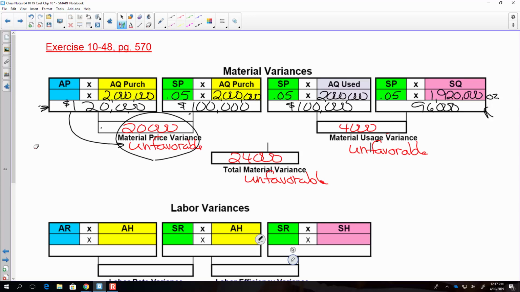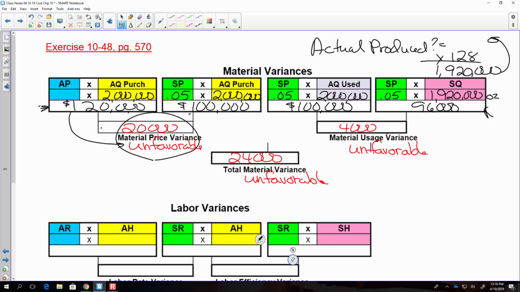How many gallons were actually produced. So they want my actual production here. So that's the question. I know I multiply something times 128 and I should get 1,920,000. So what do I do to get my gallons? Divide. I gotta divide again. And you get 15,000. 15,000 gallons.